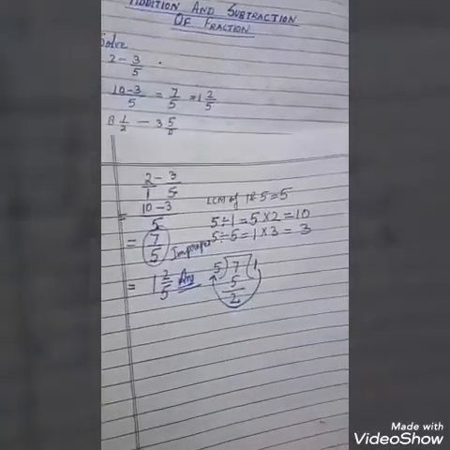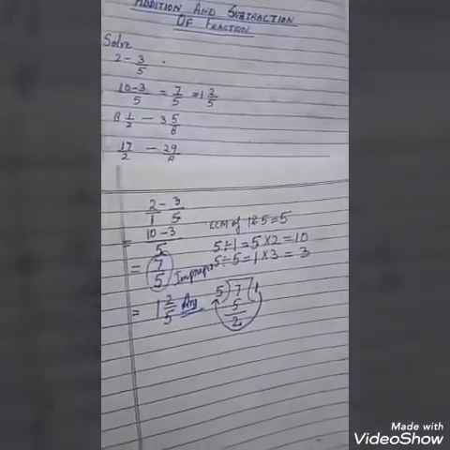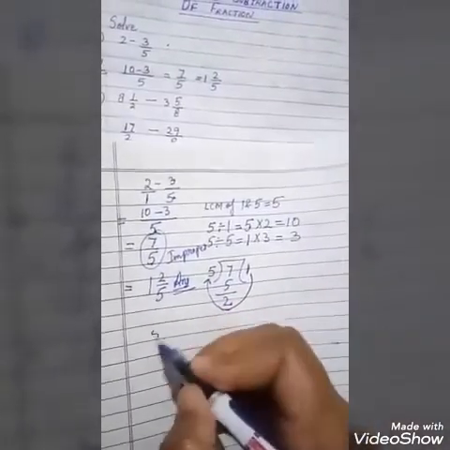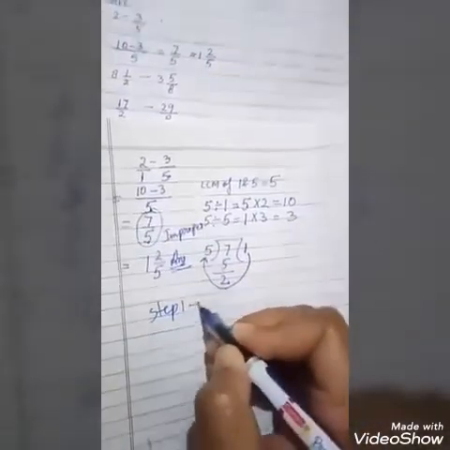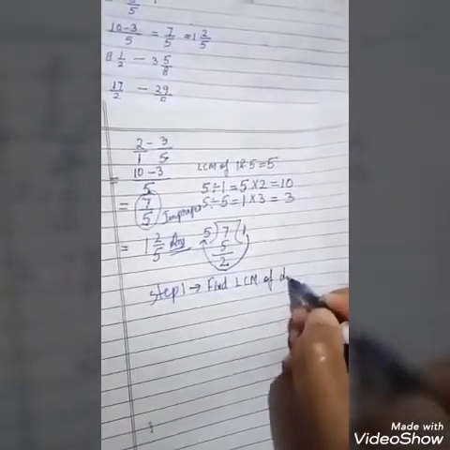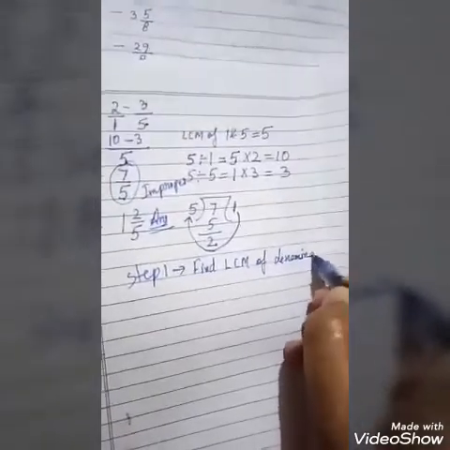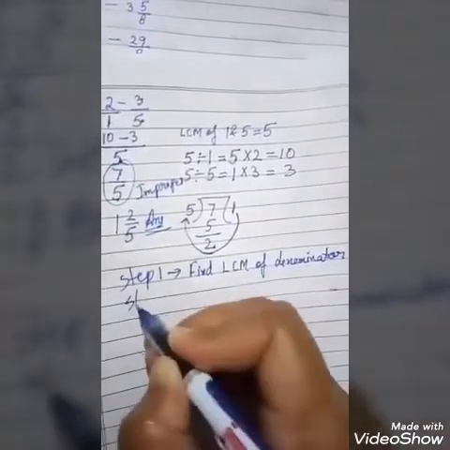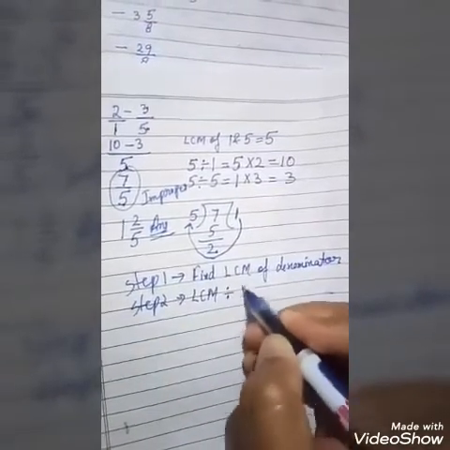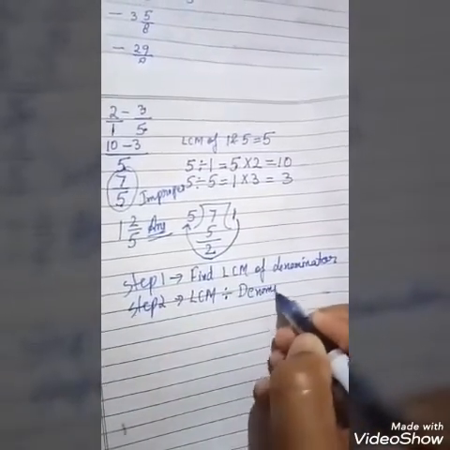So here I have done some questions of the same, similar type. Step 1 is find the LCM of the denominators. Step 2 is LCM divided by denominator.